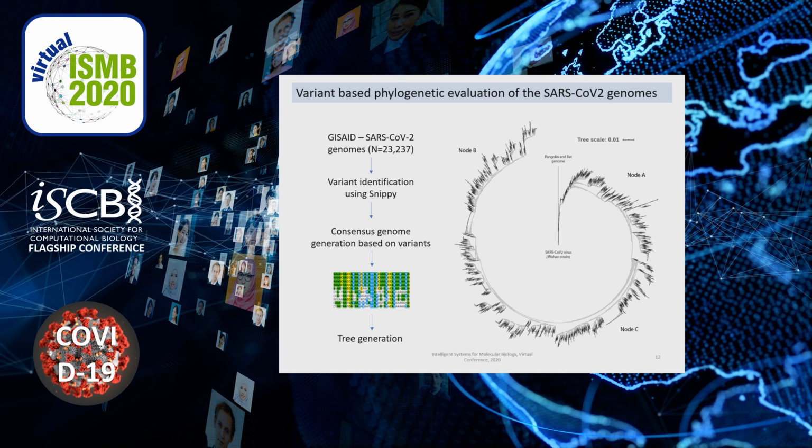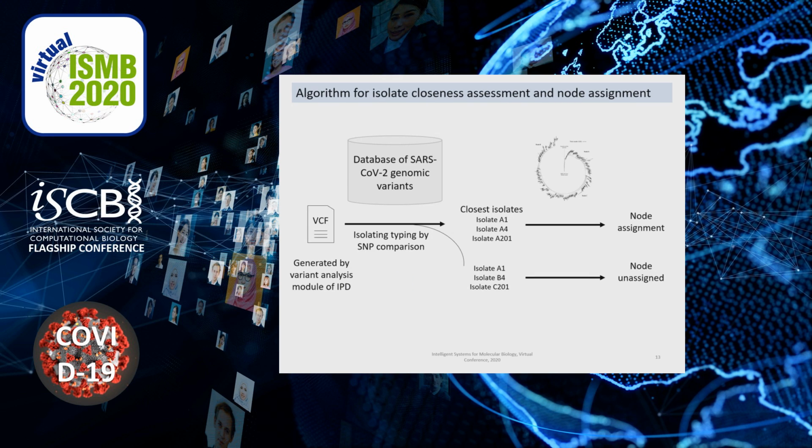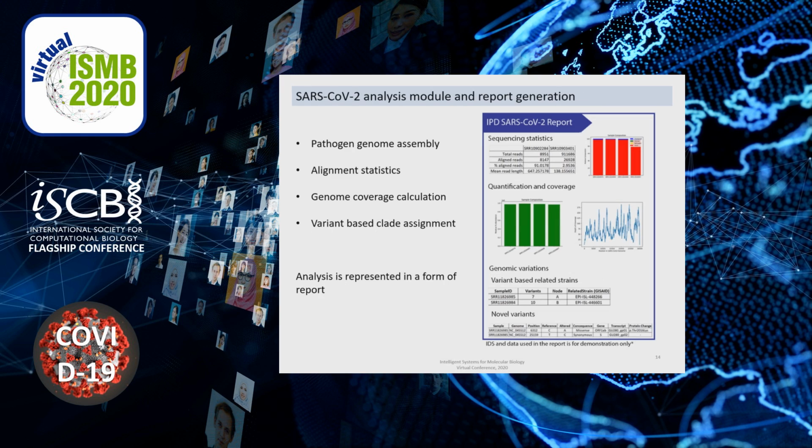The IPD is also developed for variant analysis, in which at the back end we have generated a variant database based phylogenetic assignment algorithm. It mainly works on the VCFs which are generated by IPD, and they find the closest relative to the isolates which are available in the database, and then the node assignment happens, which can be distinct A, B, or C node.